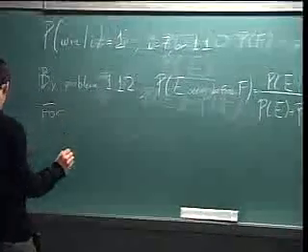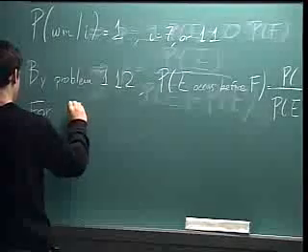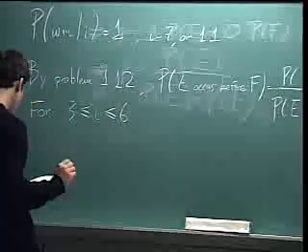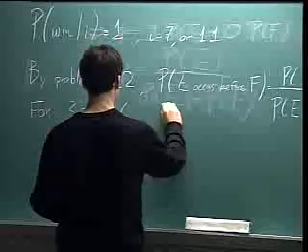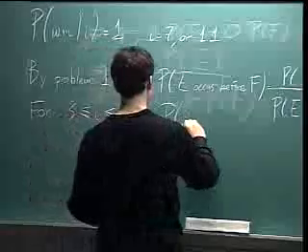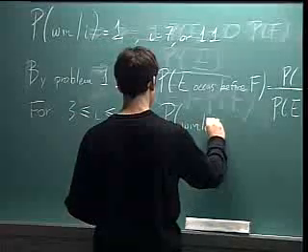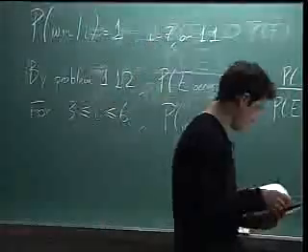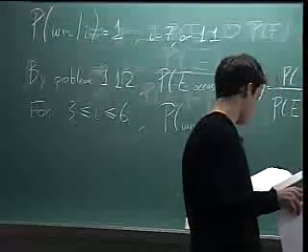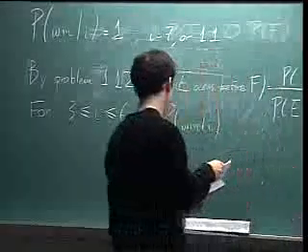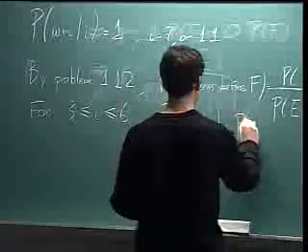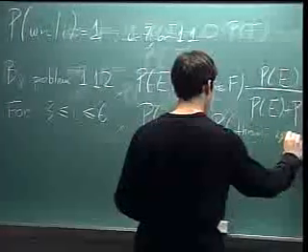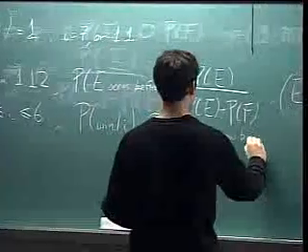So let's see what happens for I between 3 and 6. Then the probability of winning given I is the probability of, what does the problem say? That we throw the number again or that we throw a 7. So this is the probability that we throw I again before 7.